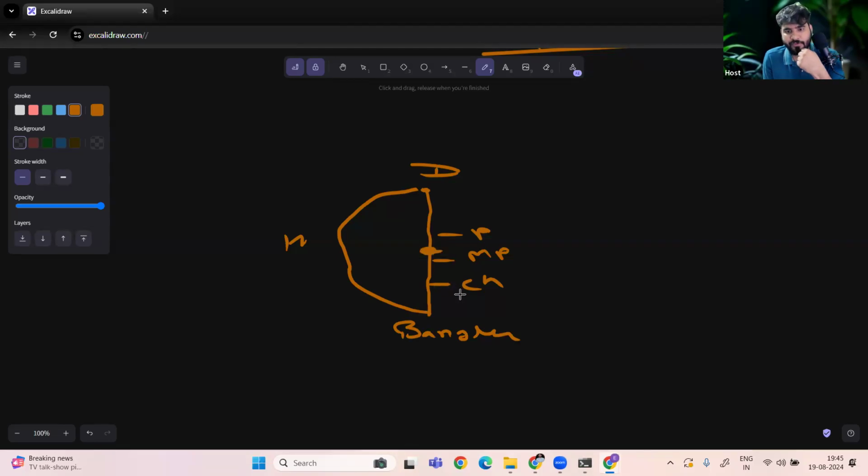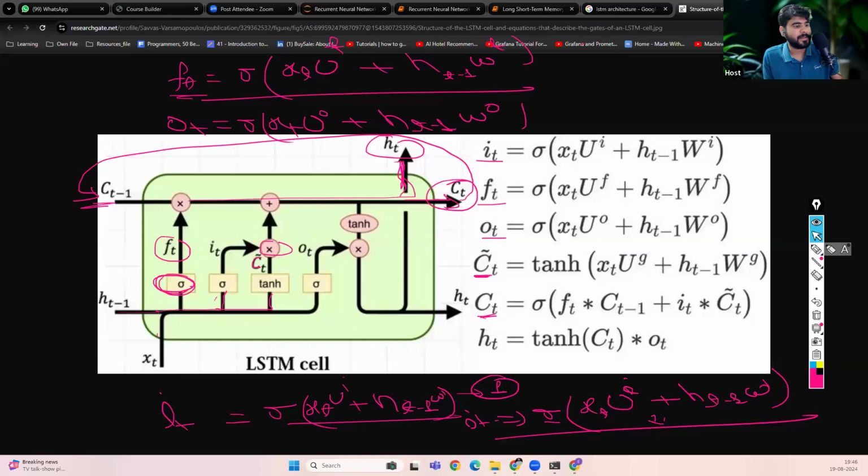So we need to go via Chennai, MP, then we can pick up whatever thing we have here. If I'm going via Hyderabad, in this case we can't pick it up, right? So we need to go via this particular route. That's why here we have our notation. If I show you again, as you can see in this particular notation, we need to go via the tanh.